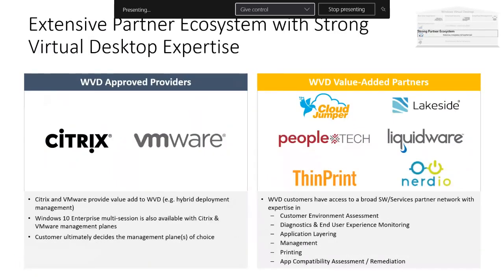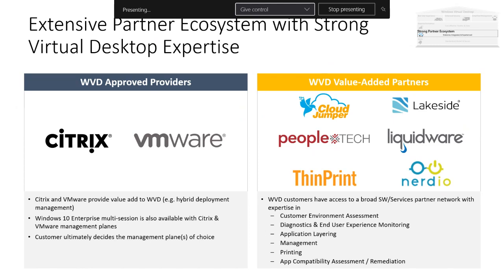Okay. So some of the other things to mention: Microsoft has partnered with some vendors like Citrix. If you're using Citrix on-prem, you also have the ability to do a hybrid deployment and extend your Citrix VDI infrastructure onto Azure. So that's possible.